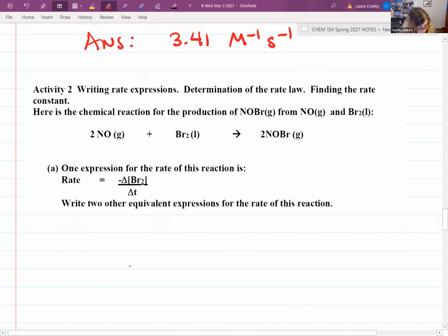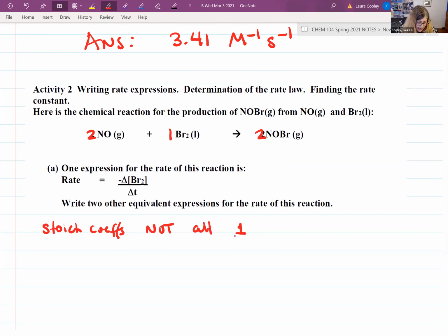And this one is a little bit different because we have coefficients that are not all ones, okay? And so here the stoichiometric coefficients are not all 1. That leads to having to handle this rate ratio, this change in concentration over time, a little bit differently.